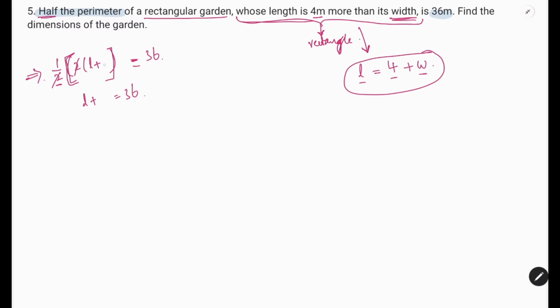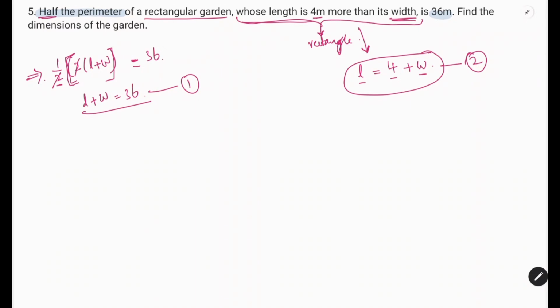Length plus width is given as 36. Here this is the first equation and this is the second equation. These are the two equations we got. In this second equation, length equal to 4 plus width.